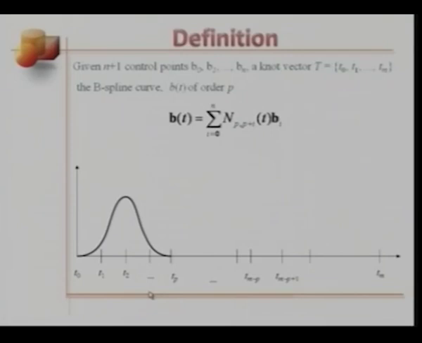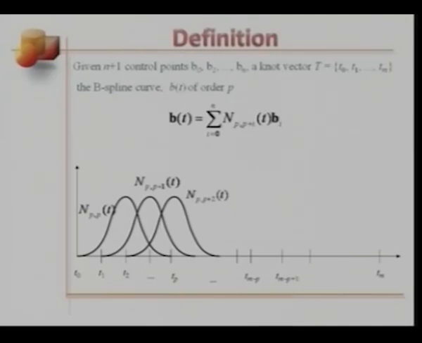That would be spanning over the knot span T0 to Tp. The second one will be spanning over T1 to Tp plus 1, and it will be nomenclated as N1,p of t. Likewise, the third one will be named N2,p of t.